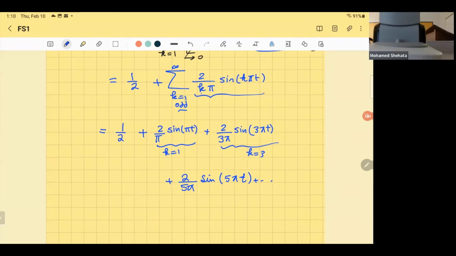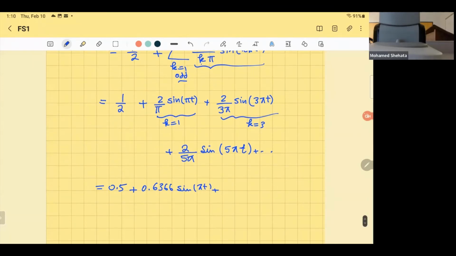If I do it in the calculator here, 2 divided by pi, that's equal to 0.6366. Let me write it here. 0.5, that's the DC, plus the height of the fundamental component, 0.6366 sine pi t, plus the second one, it's 1/3 of the fundamental.